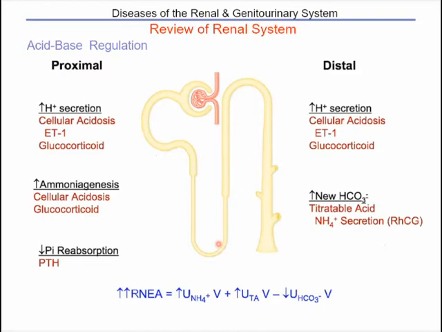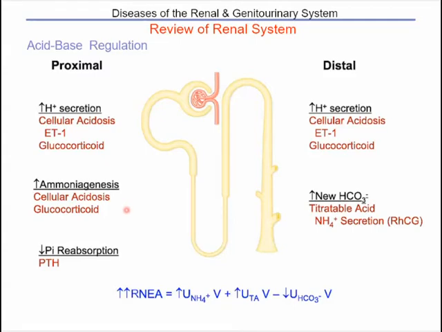It is also important to remember that the kidney has several ways by which it responds to an increase in acid production of the body. In the proximal tubule, it increases secretion of hydrogen ion. When there's cellular acidosis because of the accumulation of hydrogen ion, it will be secreted into the proximal tubule fluid.